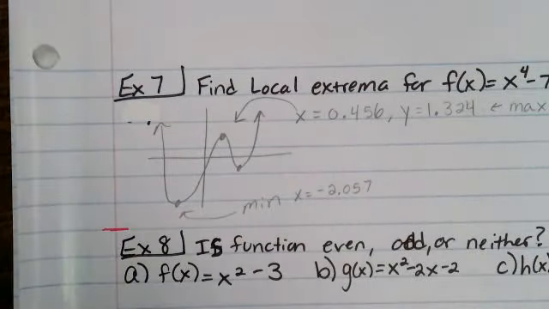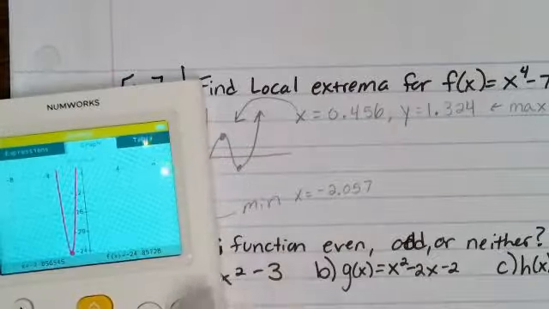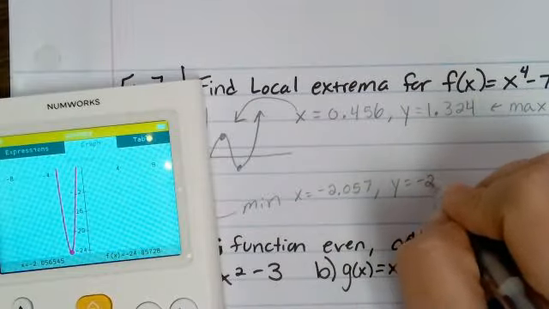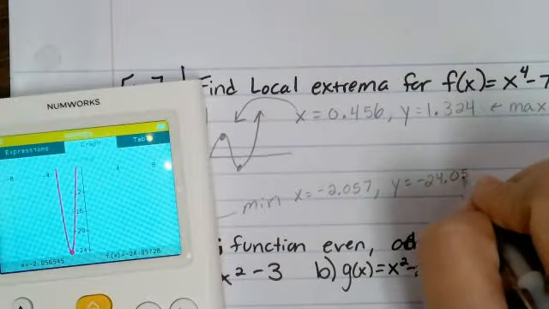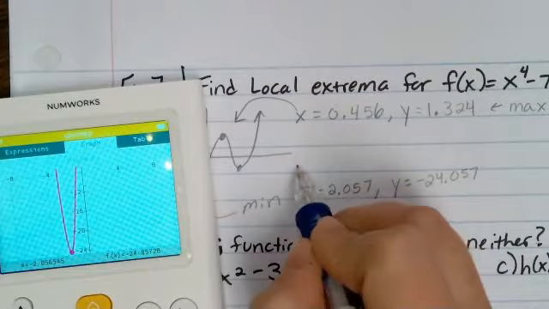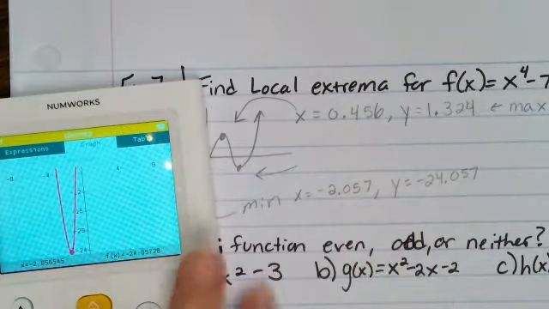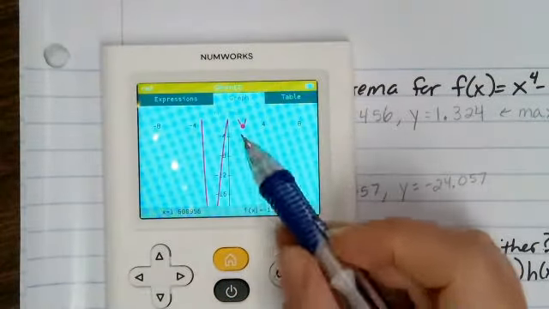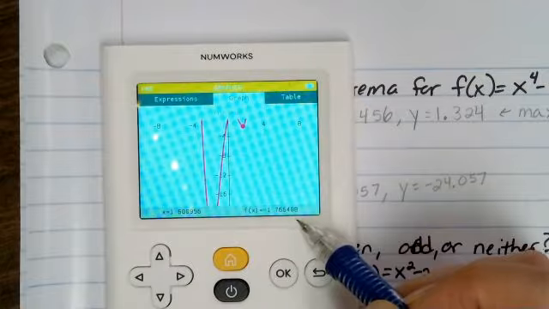And my y equals negative 24.057. That's one minimum. For my other minimum right in here, all I have to do is move my cursor to the right, and it should find that other one and pop those values down here.